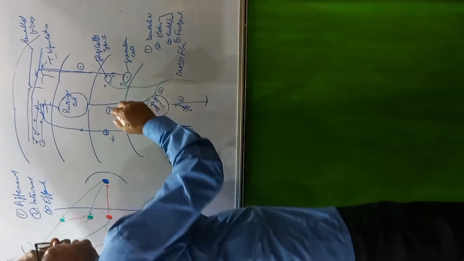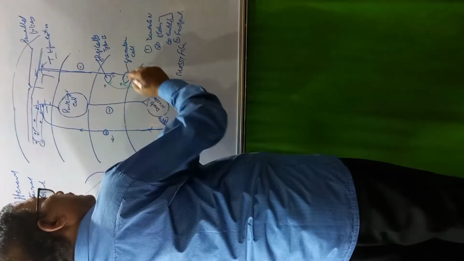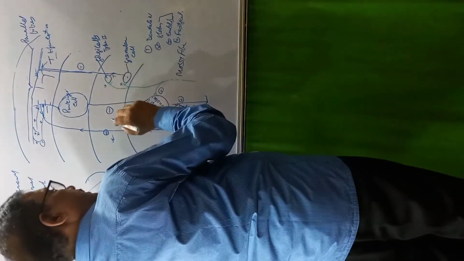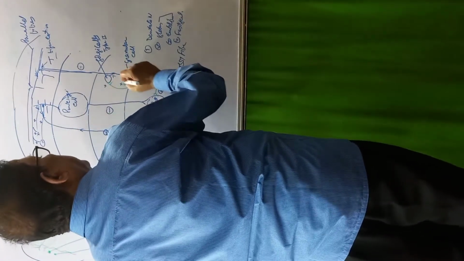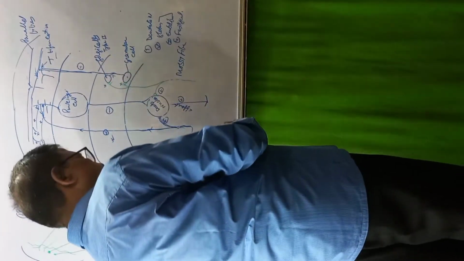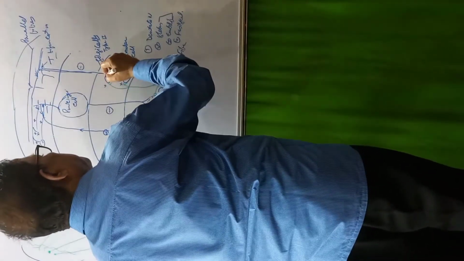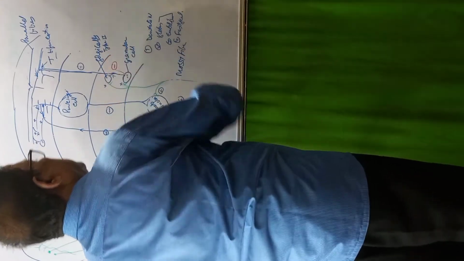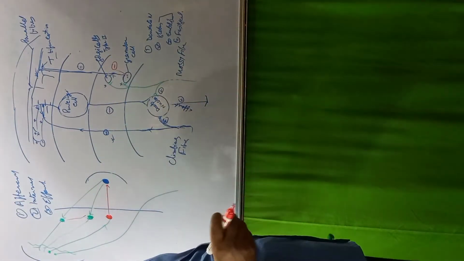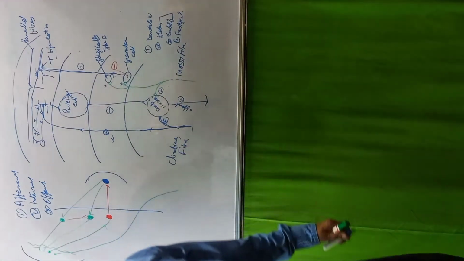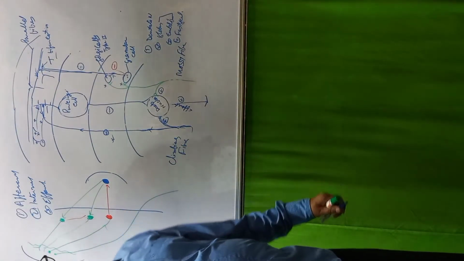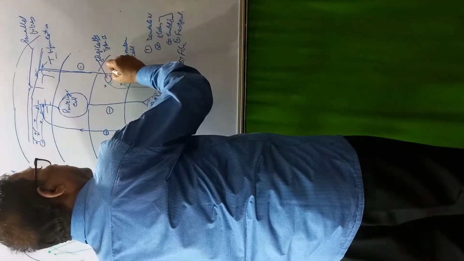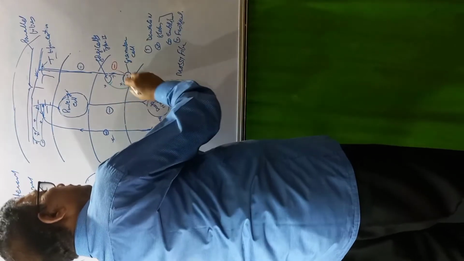When the granular cell stimulates the Golgi cell, the Golgi cell type 2 in turn will inhibit the granular cell.